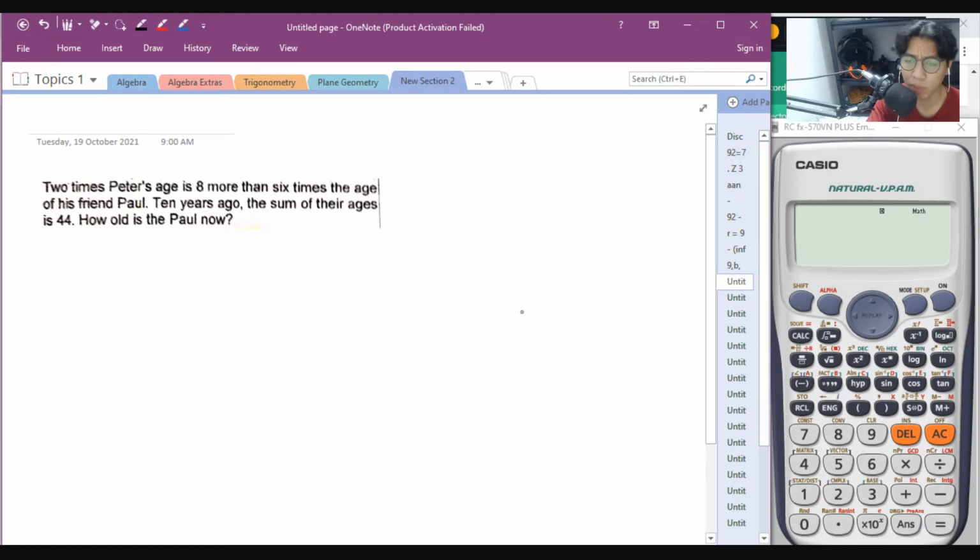So, kukunin mo parati pag may age problem, yung mga keywords like ago, today, hence, tapos in the past. So, kapag yung mga ganon, yung future, pag mag-future ka, syempre, lahat dito additive, okay? Kapag past, lahat dyan is difference, okay?